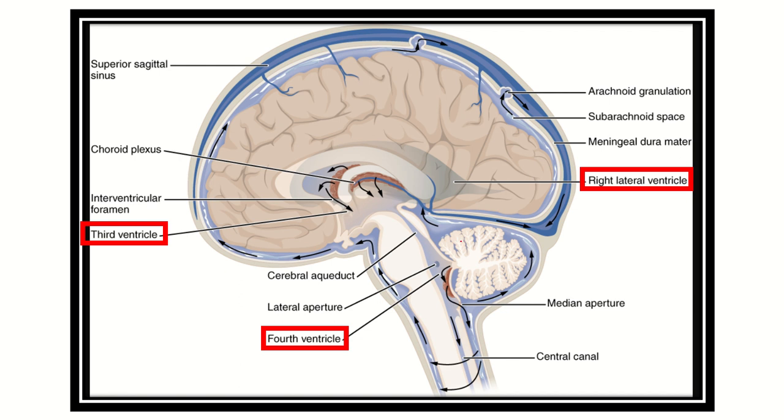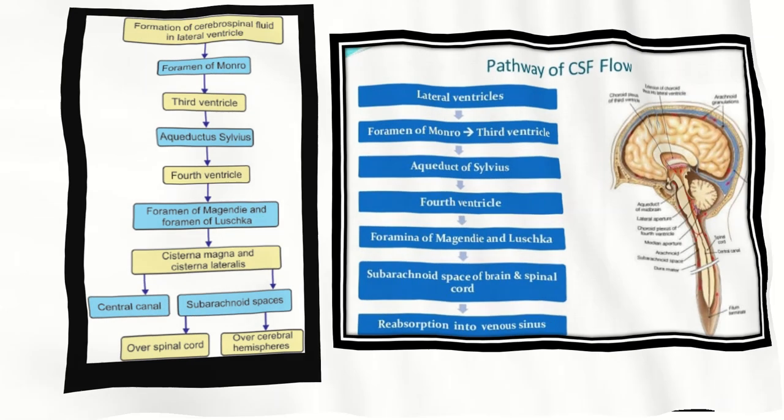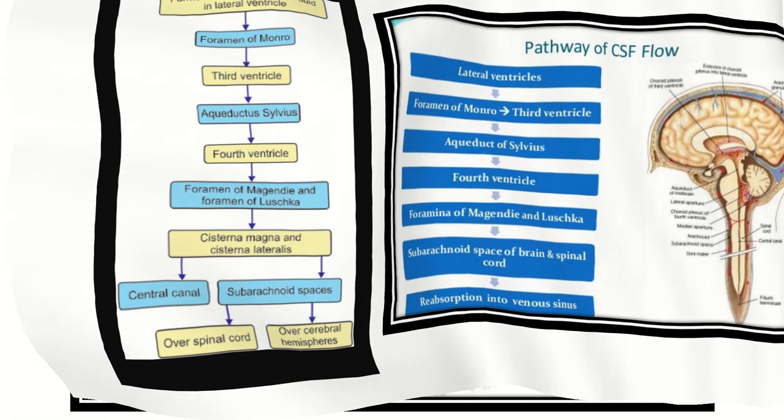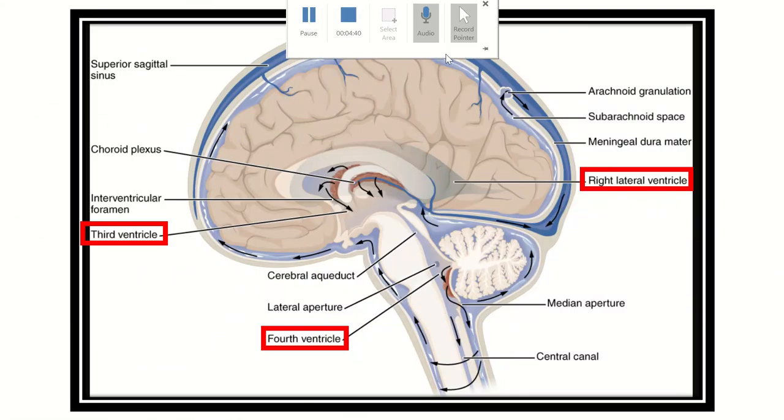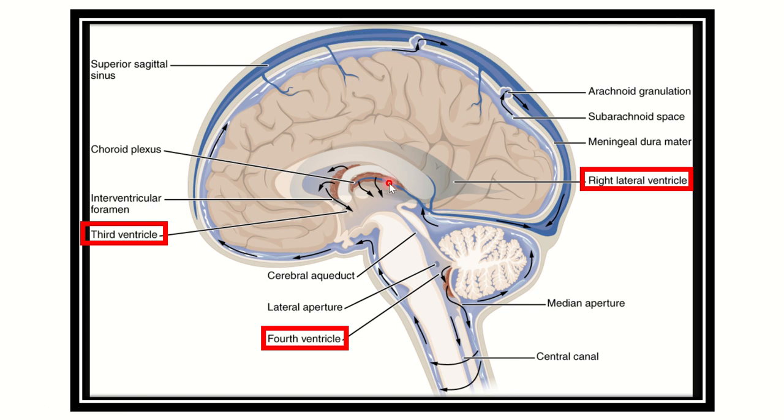So it is a clear view, and here it shows the CSF circulation. First of all, this is the choroid plexus of the lateral ventricle.